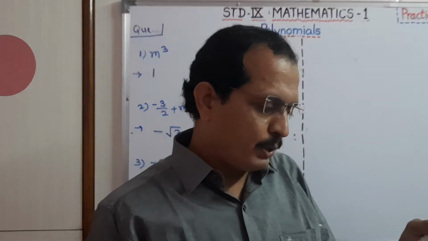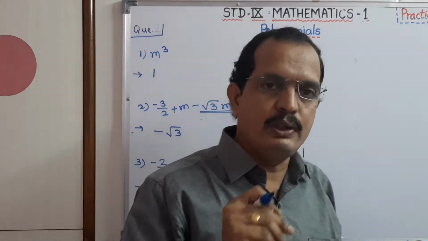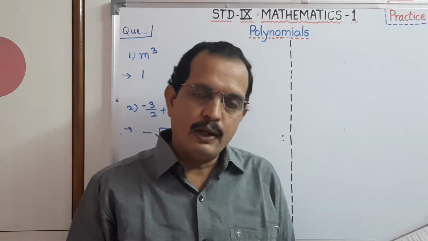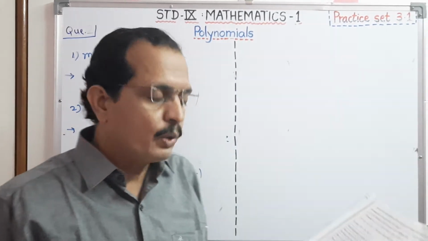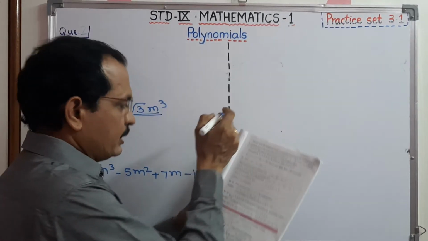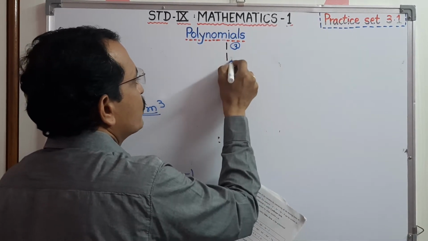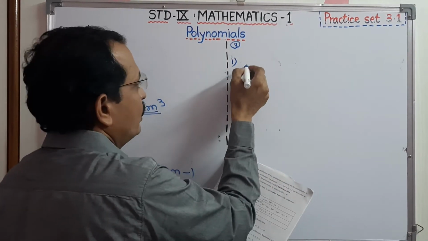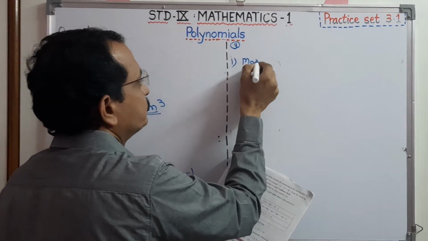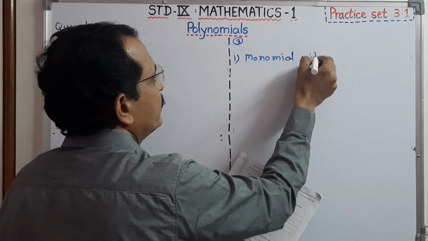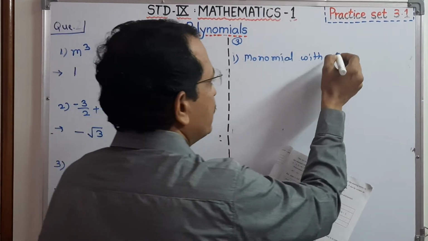Now see here, dear student, the third question is there. Write the polynomial in x using the given information. Three pieces of information are given and we have to write the polynomial. See here, question number 3. Condition is given: first, monomial with degree 7.